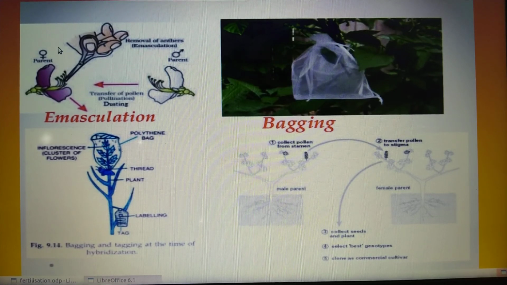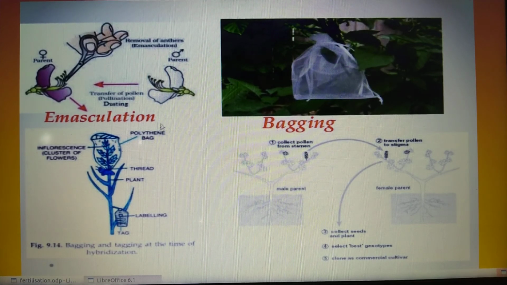If the female parent has a bisexual flower, we have to remove all the stamens using a scissor. The process is called emasculation. Emasculation helps to prevent further pollination by any other insects or pests, or self-pollination.